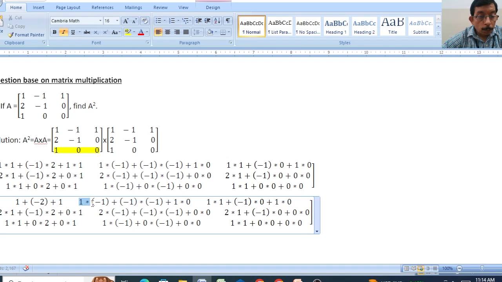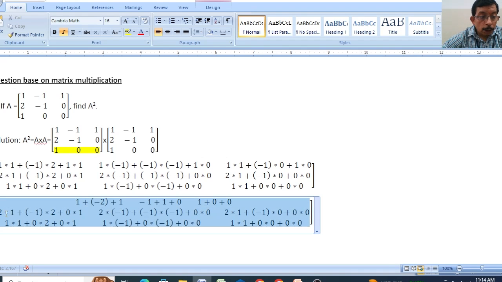Minus 1 into minus 1, we get 1. Note down the same position. 1 into 0, 0. 1 into 1, 1. Minus 1 into 0, 0. 1 into 0, 0. Note down in the same positions.